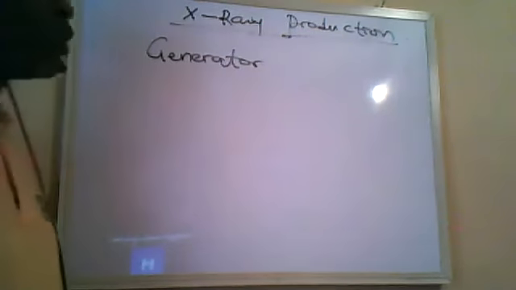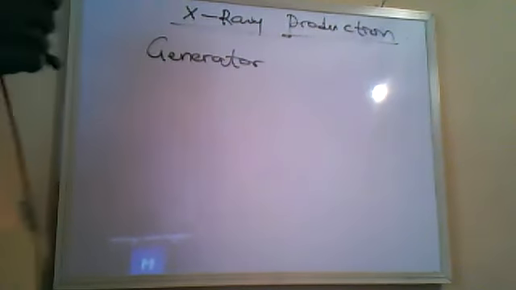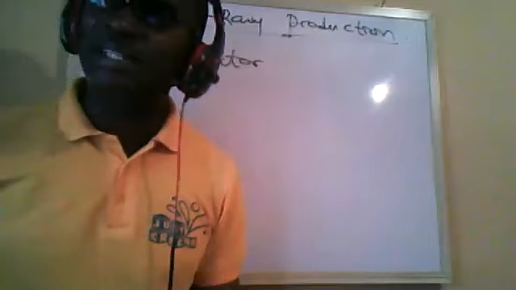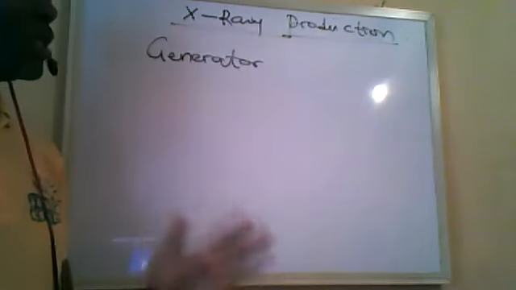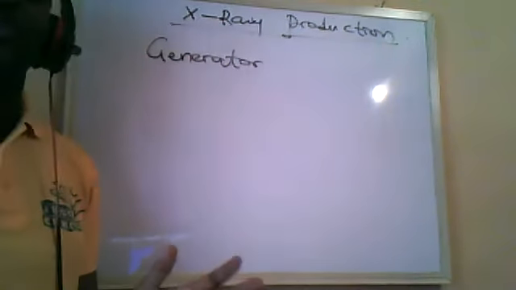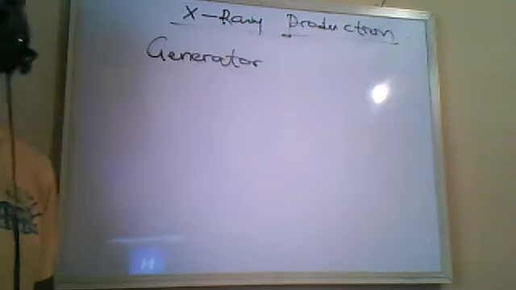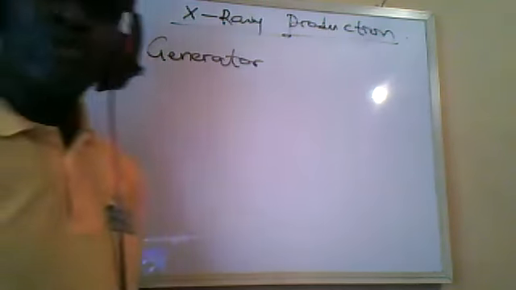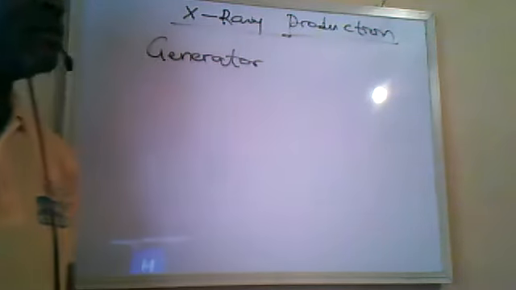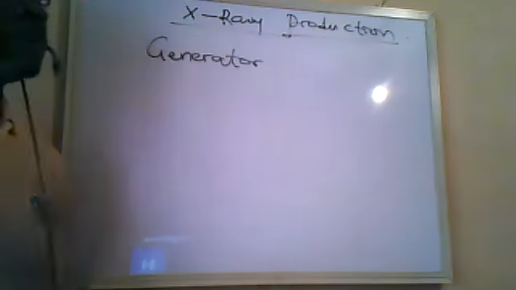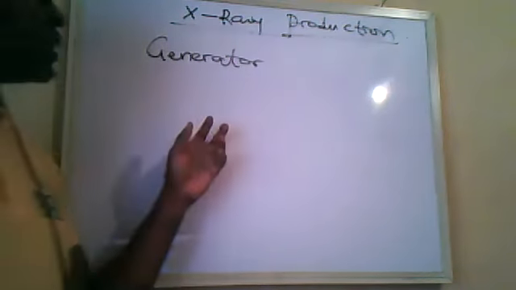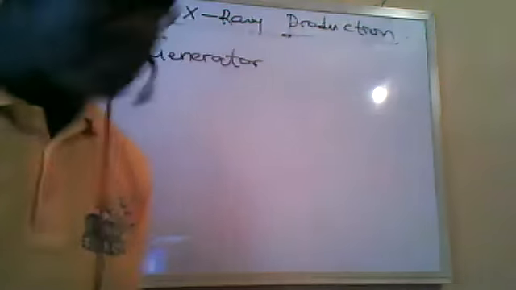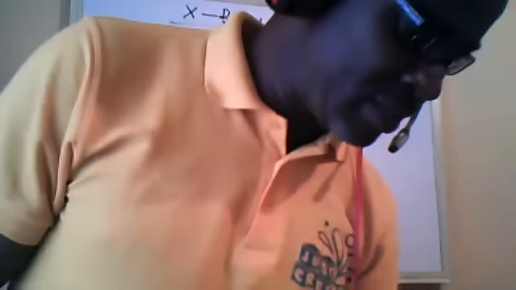So the generator has a very huge function in supplying the right amount of energy to the X-ray tube. Because if you don't supply the right amount of energy to the X-ray tube, we're not going to have an effective X-ray fluence or X-ray distribution. So the generator ensures all of that.